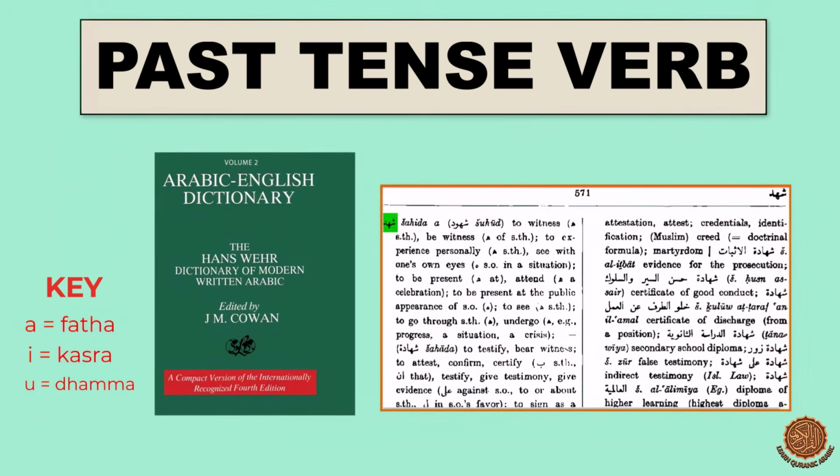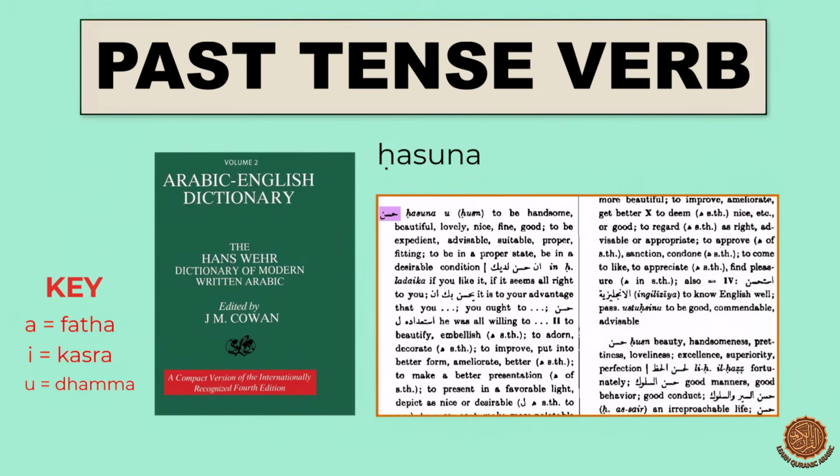Now if we look at this entry, we have the sheen, the ha, and the dal. What do we see? We understand that the first and third radical both have the a, but in the middle there's an i, which represents a kasra. So it's shahida, which means he was a witness. And in this entry, after the sin, there's a u. It's hasuna.